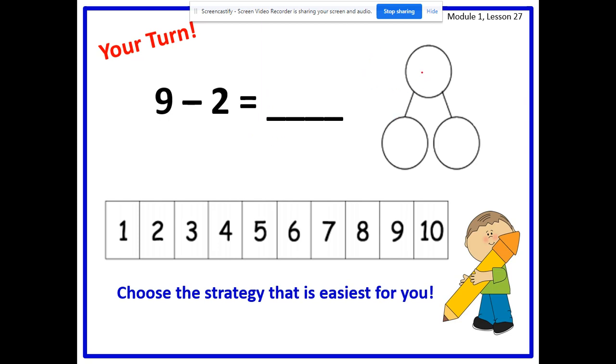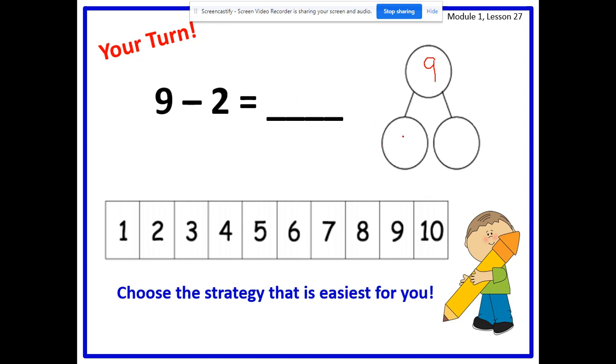Let's fill in your number bond together. Ready? So again, now we know that when we have a subtraction sentence, 9 is our, get ready, yes, our total or our whole number. So let's go ahead and write 9 where the total belongs. And that means that 2 is our what? Get ready.